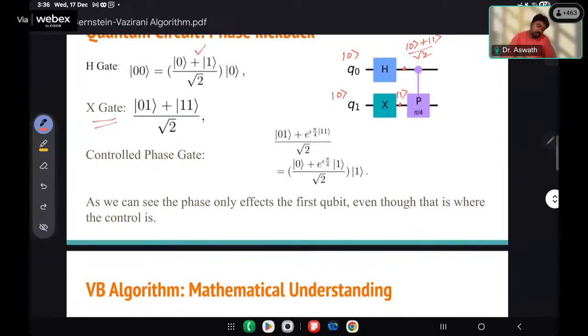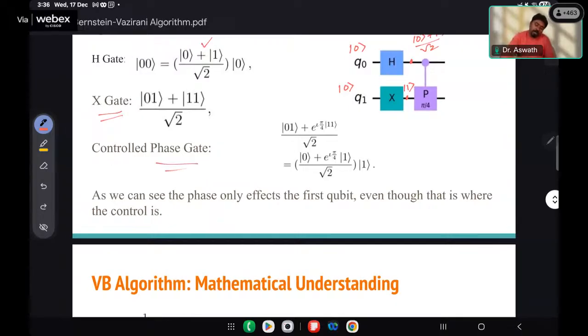Now that goes through a controlled phase gate. Right? What is a controlled phase gate? A controlled phase gate is just like a Z gate. Okay. Z gate is exponential i pi. Right? And this is a Z gate. Okay. What is a Z gate? It adds a phase angle of pi. If I want a phase angle of pi by 4, I use a phase gate of pi by 4, which is [1 0; 0 exponential i pi by 4].